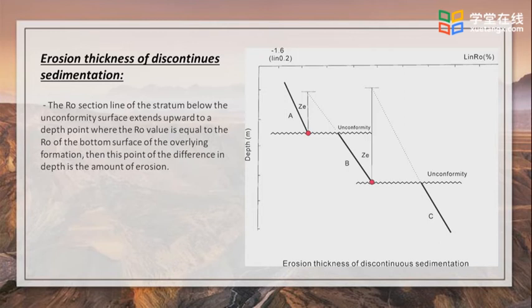Then the difference in depth at this point is the amount of erosion, and we can use the same method for the second unconformity.